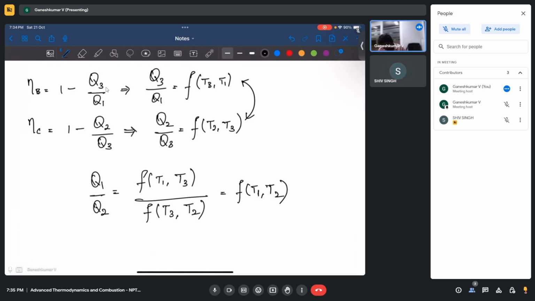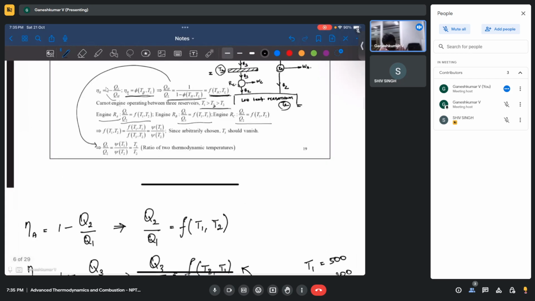So basically, T3 can be anything. Let's say T1 is 500 and T2 is 200. T3 can be 300, 350, 400, or even 250. It can be anything in between. This choice shouldn't affect your performance, for example, your efficiency.